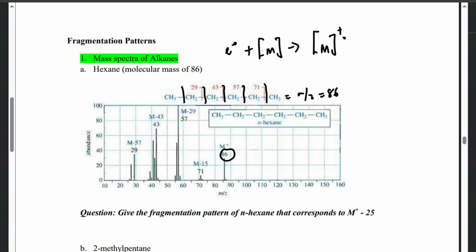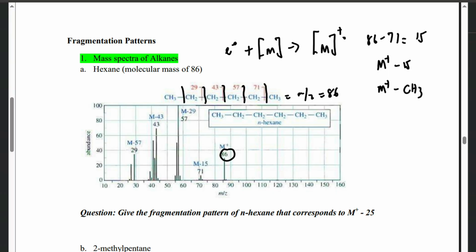The next thing is that we have 71. How do you have 71? You simply have 86 minus 71, which gives you 15, right? So that's M plus minus 15, or simply M plus minus CH3. That's what we have here.